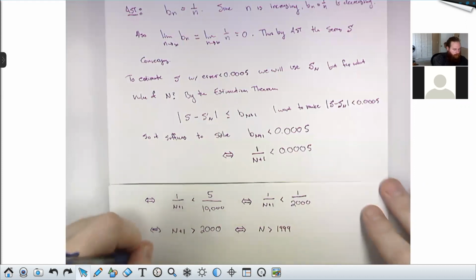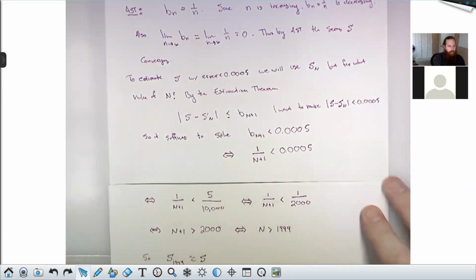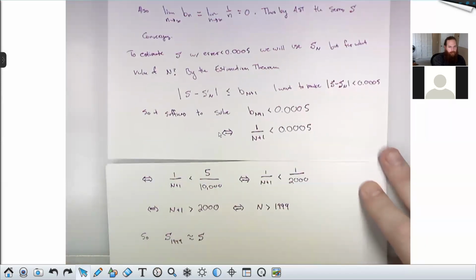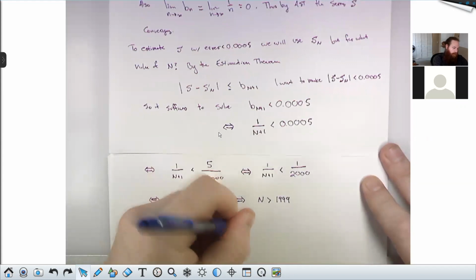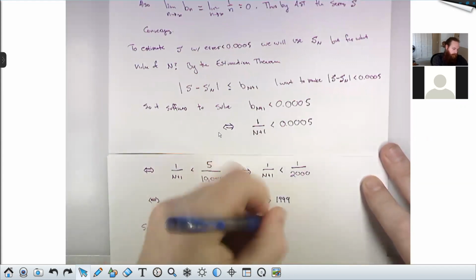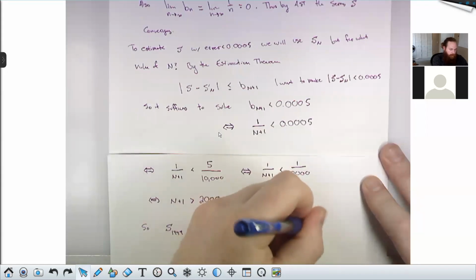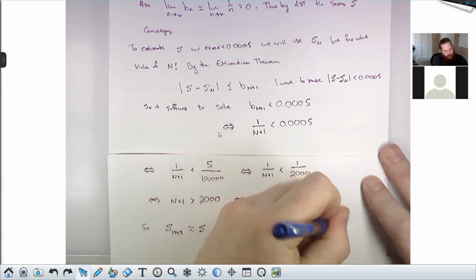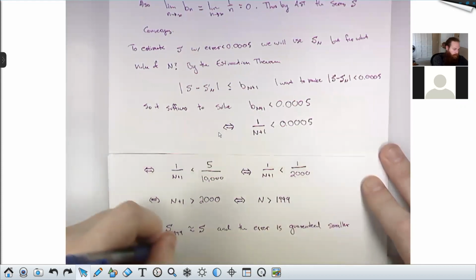So S_1999 is very, very close to the full value of the infinite series. And the error is guaranteed smaller than 0.0005.